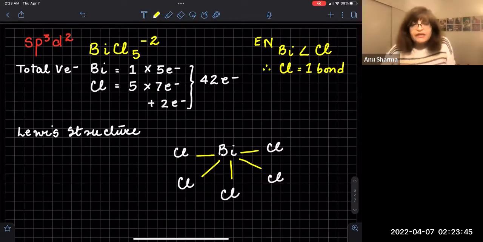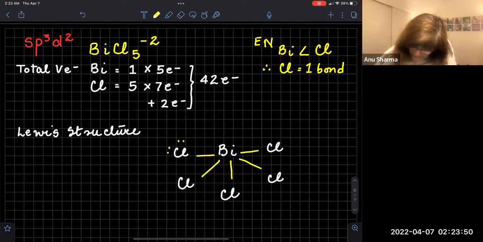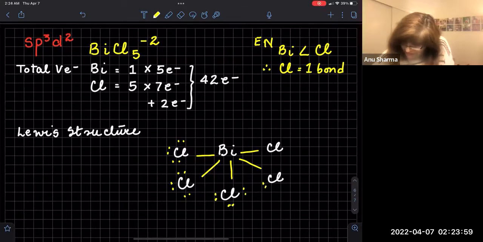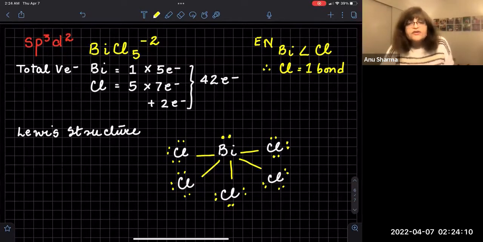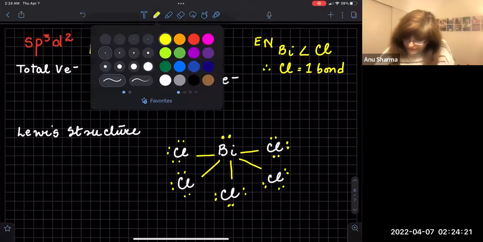The remaining electrons we use to complete the octets of the outer atoms, 30 electrons in total, and the remaining 2 go on the central atom. Now all 42 electrons are accounted for: 10 in the single bonds with the chlorines, then the lone pairs filling the octets, and the remaining pair on the central atom.